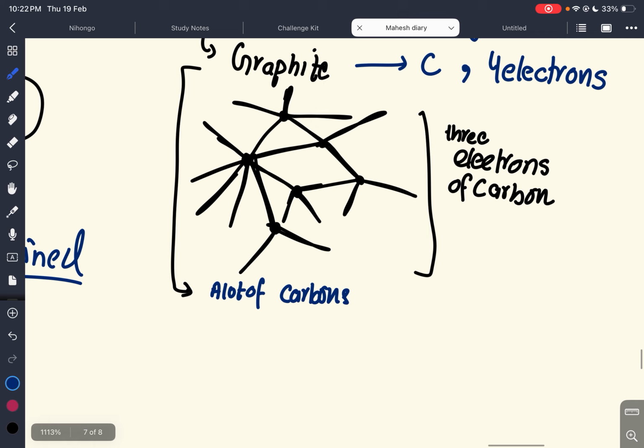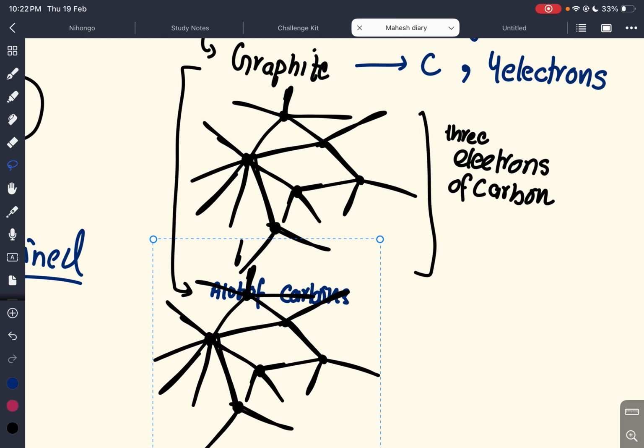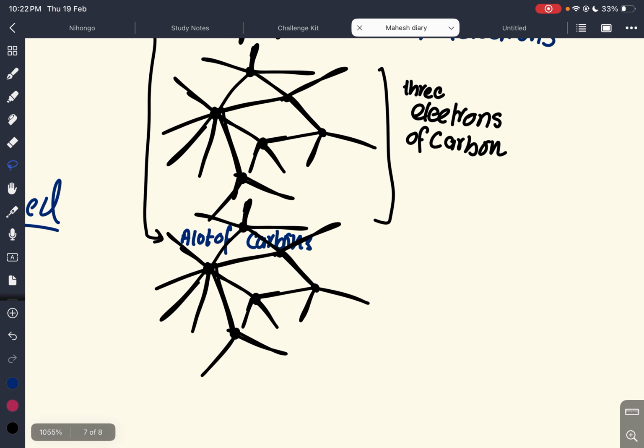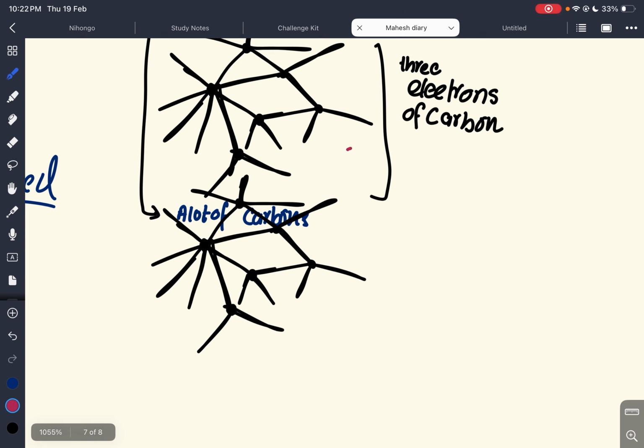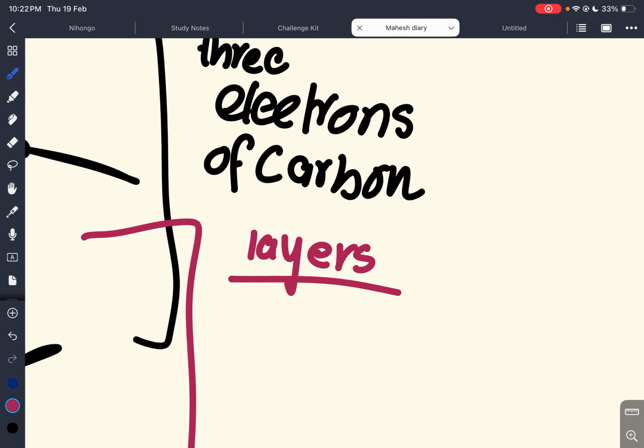Within that, if we take a duplicate of this, it does not only have this one layer, it has multiple layers actually. And due to these multiple layers, the electrons attract each other, and it's something that cannot be broken.